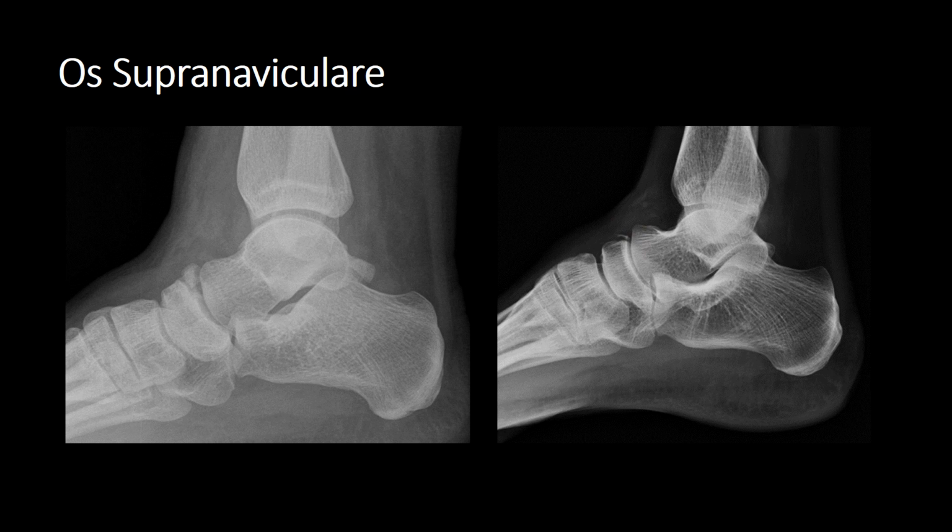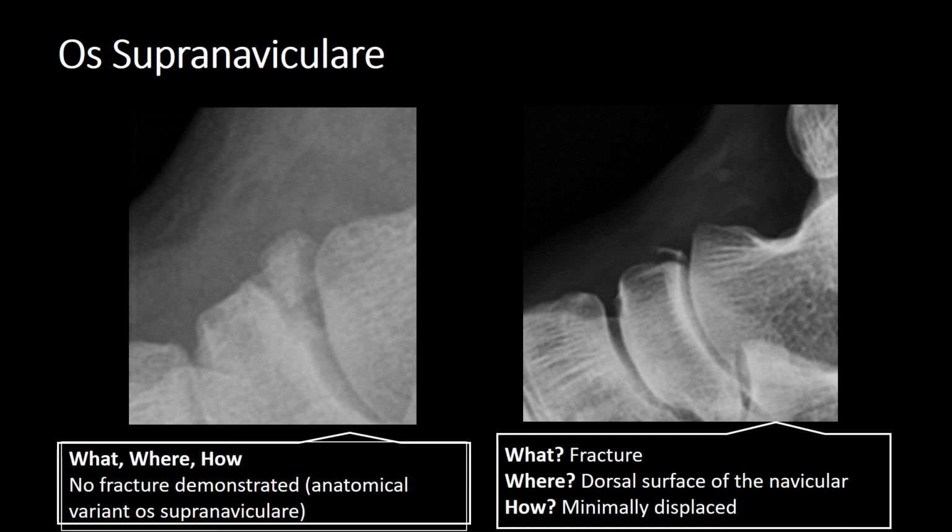Let's look at these more closely. As always, when we're looking at accessory ossicles, we're looking for a well corticated margin, and we can see on the host bone that there is a dense sclerotic line indicating that it's well corticated. The lines of the accessory ossicle are smooth.